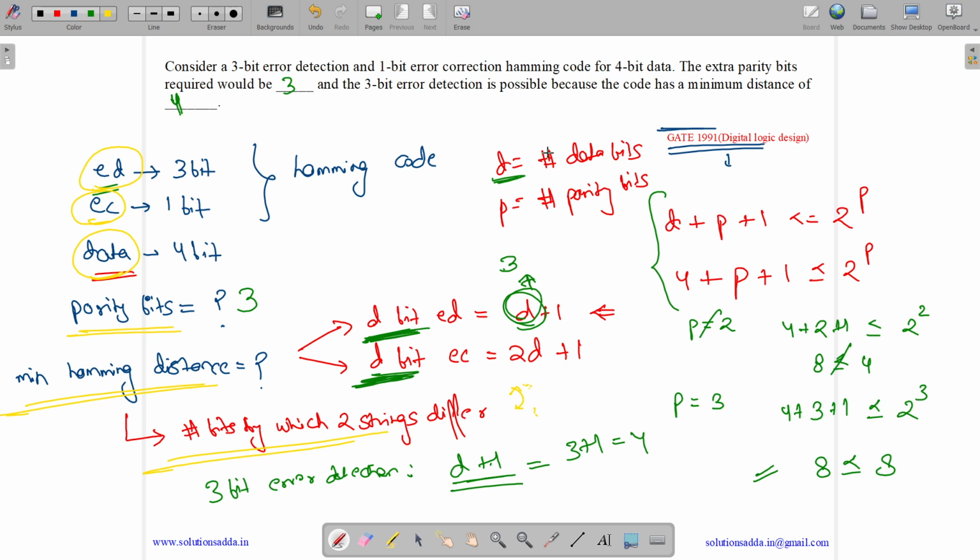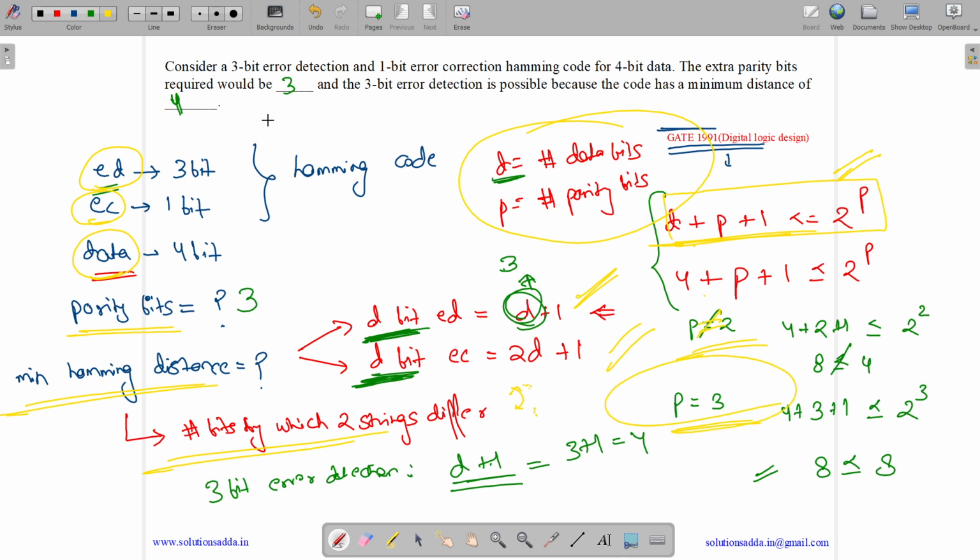If D is the number of data bits and P is the number of parity bits, then we have the formula D plus P plus 1 less than or equal to 2 to the power P. Putting P equals 2 does not satisfy it, P equals 3 satisfies it, so the minimum parity bits are 3. Then, for 3-bit error detection, the minimum Hamming distance is 3 plus 1, which is 4. So the answer is 3 and 4.